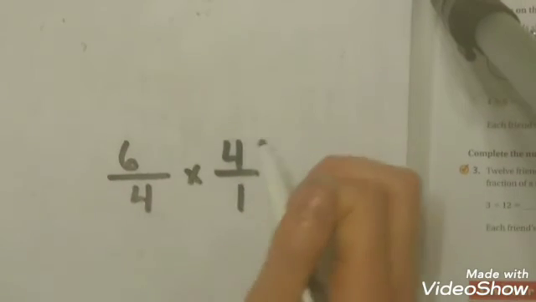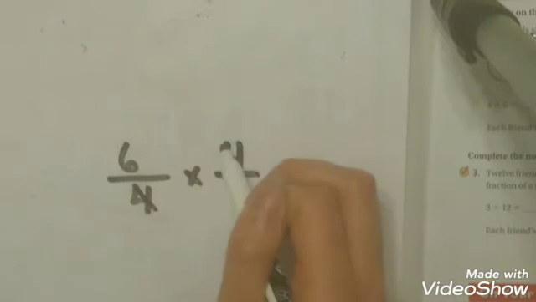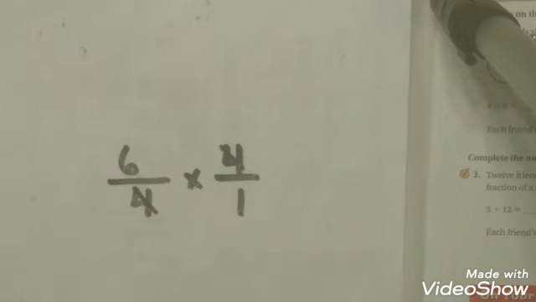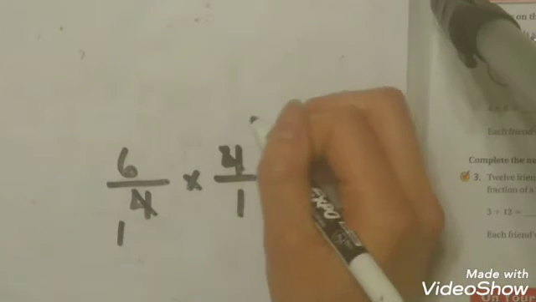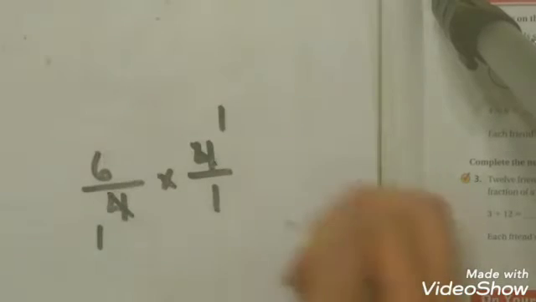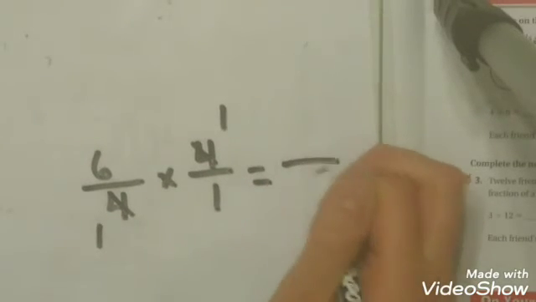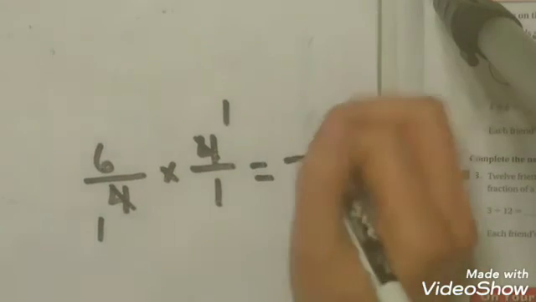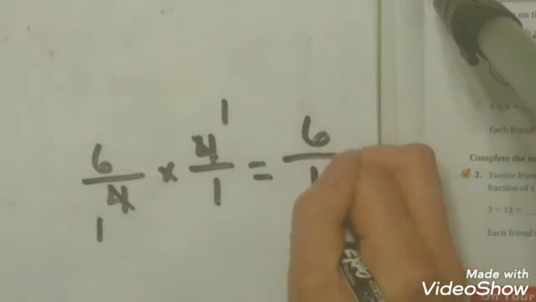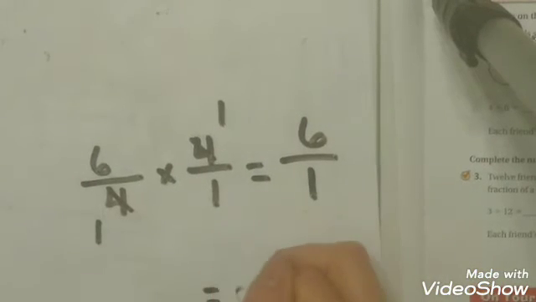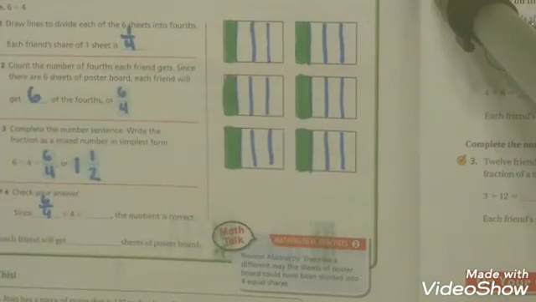Remember that I can simplify diagonally before I multiply. I know that 4 divided by 4 is going to be 1, so I can change both of those to 1. If I multiply across, 6 times 1 is 6, and 1 times 1 is 1, and 6/1 is equal to just the whole number 6, which is what it should be.